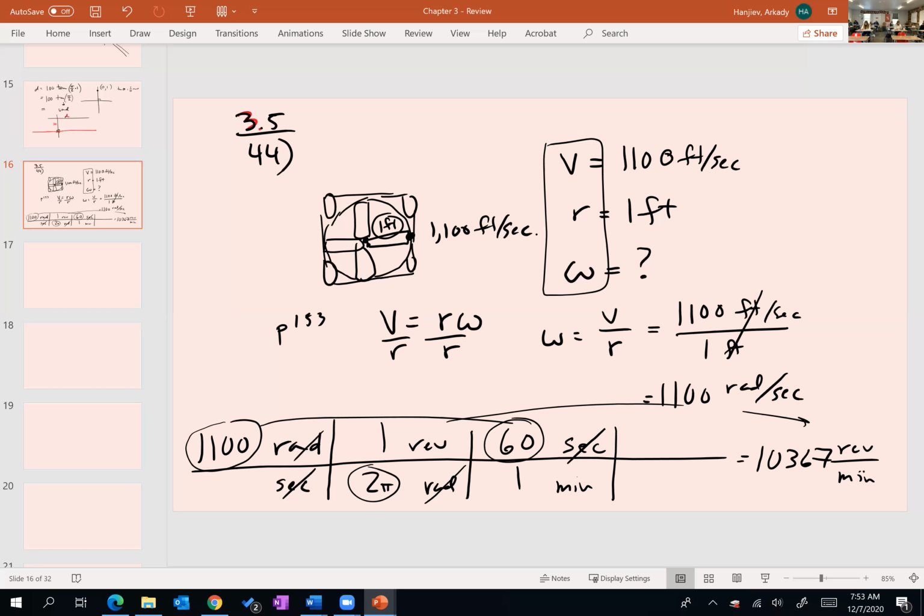Okay, I go with that here. About 10,367, and this is going to be revolutions per minute. So that blade, if it's going the speed of sound, is doing about 10,000 revolutions in a single minute.